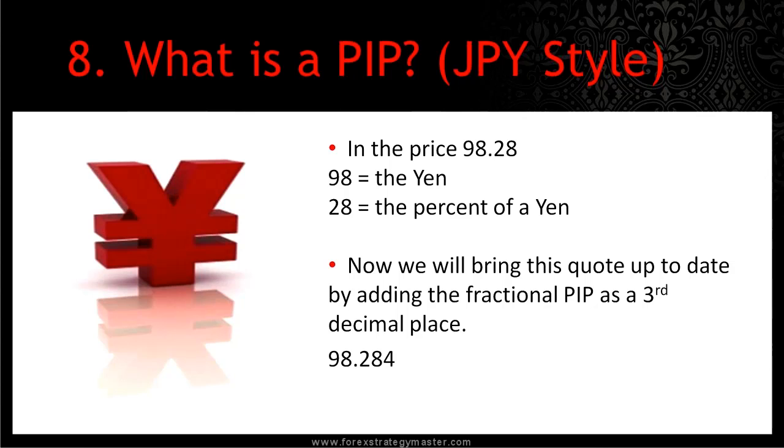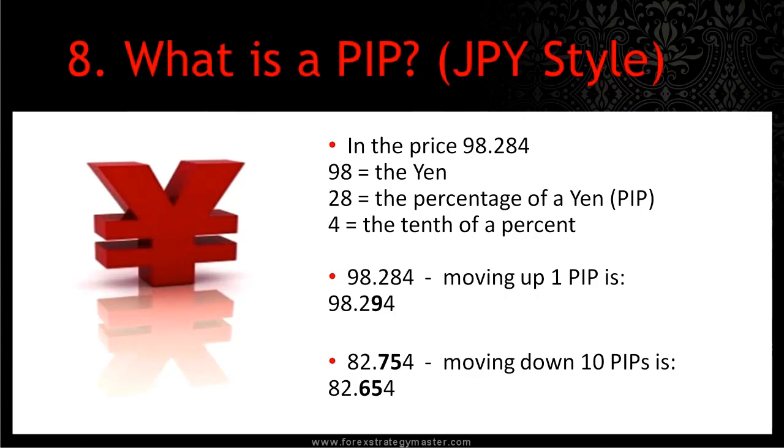Now we will bring this quote up to date by adding the fractional PIP as a third decimal place. The example would be 98.284. So the 4 becomes 1/10 of a percent. So in the price 98.284, the 98 is the yen, the 28 is the percentage of a yen, and the 4 is the 10th of a percent.